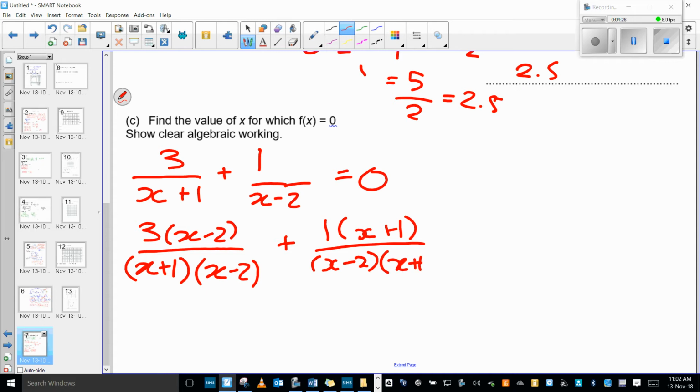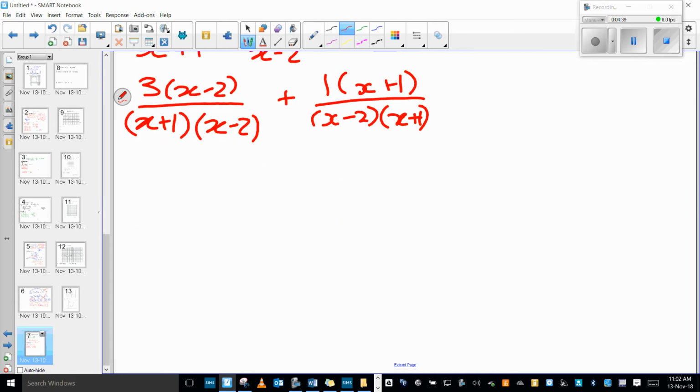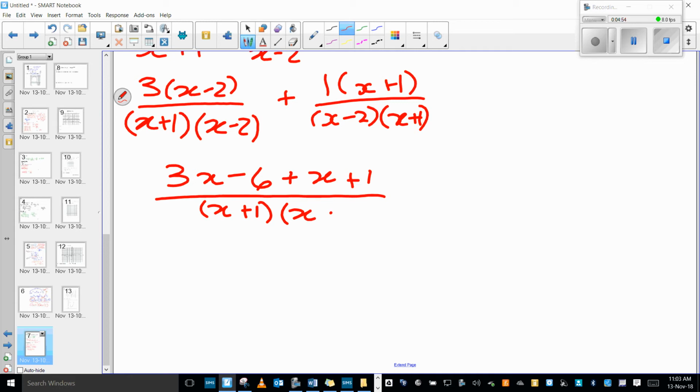Then you can combine the fractions since you're adding them. What you get is 3x subtract 6 plus x plus 1, and the denominator stays the same, (x plus 1)(x minus 2), and that would still equal 0.